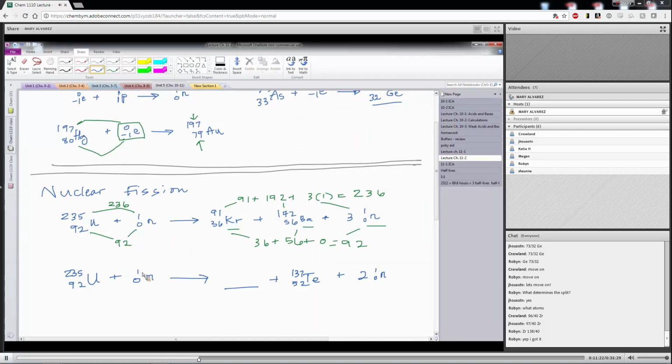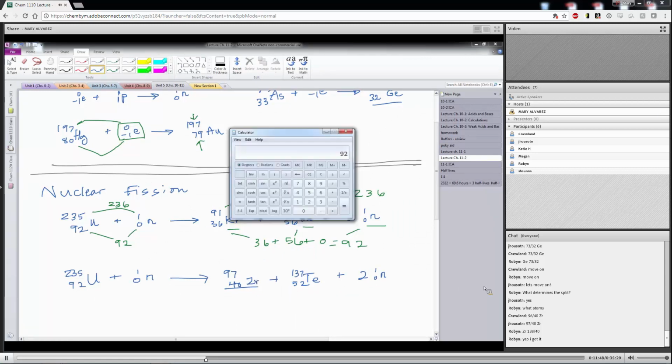So 235 plus 1 gives us 236, and then I'm going to subtract 137, and I'm going to subtract 2, and that gives me remaining mass of 97. And then 92 equals 52 plus 0 plus 40. So element number 40 must be zirconium.